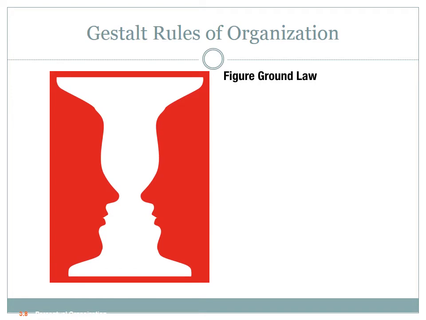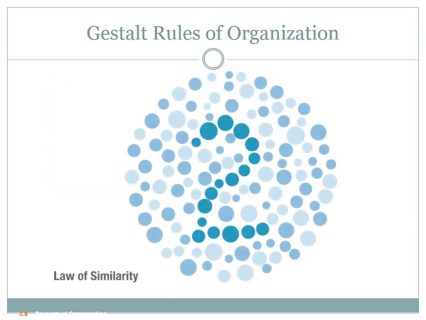And I wanted to talk about the Gestalt rules of organization here. We're going to see this figure ground figure again, but Gestalt psychologists have these rules of organization. In this graphic, you're going to see the figure ground law and the law of similarity.